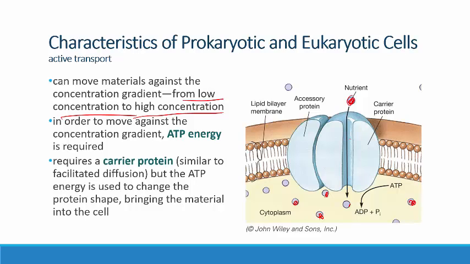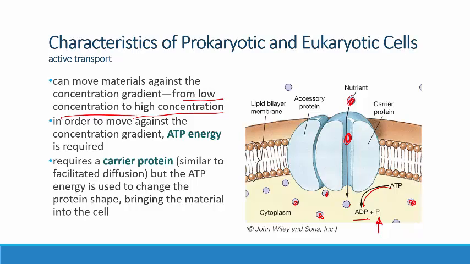So when the nutrient lodges here in the carrier protein, then ATP energy is delivered, and in order to harvest that energy, we break off one of the phosphate groups. So that's what it's showing here, that there's some inorganic phosphate broken off, and we're left with an ADP molecule, adenosine diphosphate.